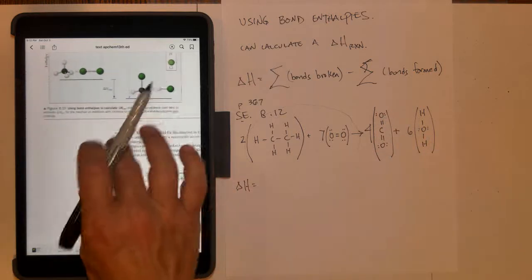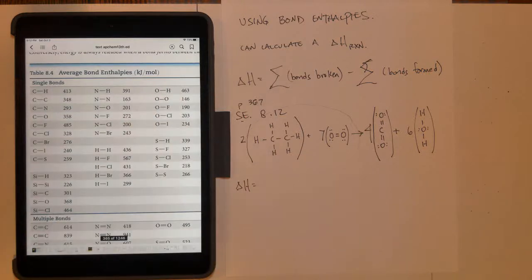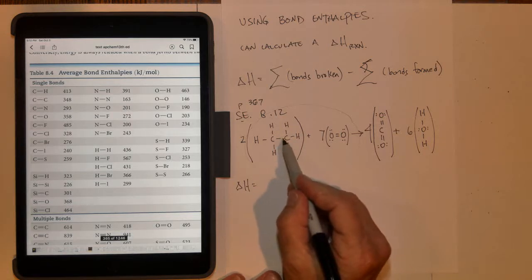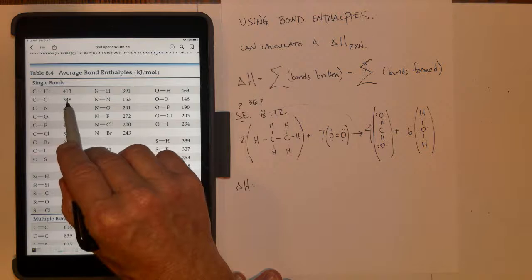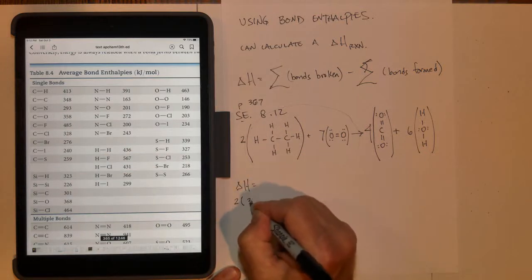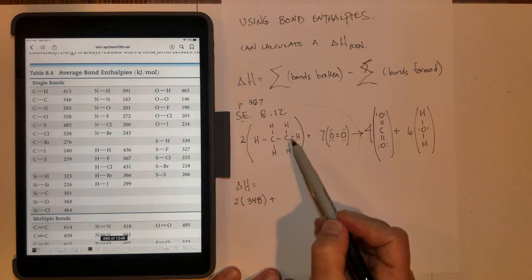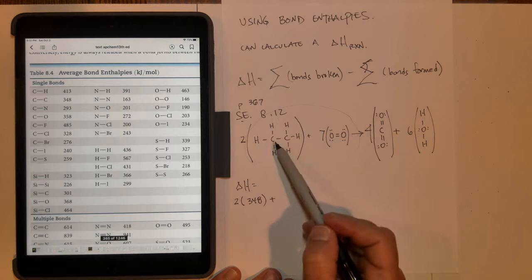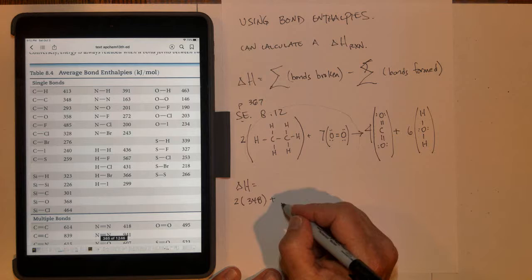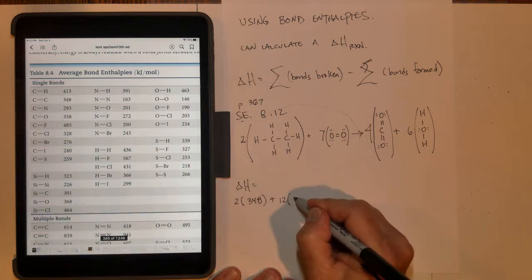So let's go back a page to the bond enthalpy table, and let's see if we can find each one, and we'll add them all up. So first of all, bonds broken. We have a carbon-carbon bond right here in the middle, 348. There's two of them because there's two molecules right here. So 2 times 348, plus 1, 2, 3, 4, 5, 6 carbon-hydrogen bonds right there. There's 2 of the molecules, so 2 times 6 is 12 of these C-H bonds, so 12 times 413.